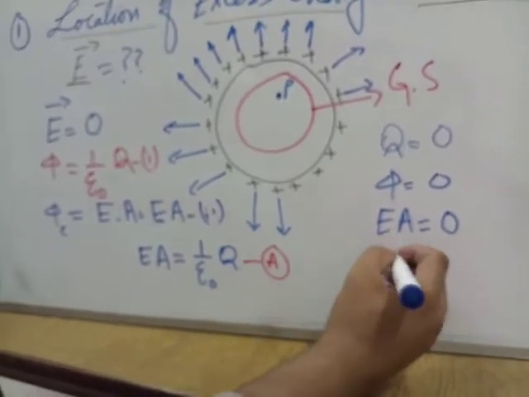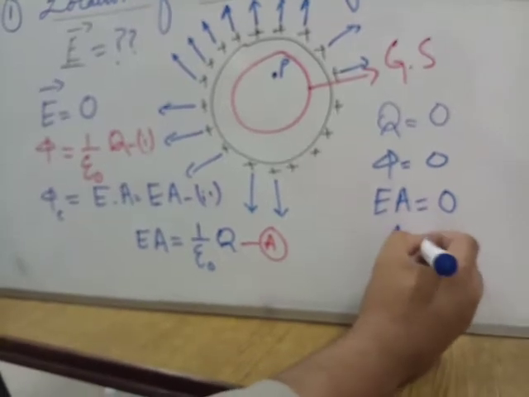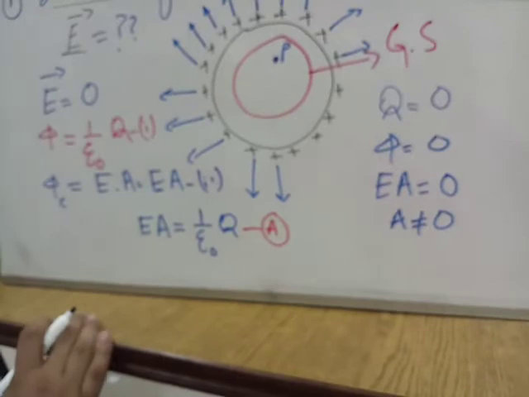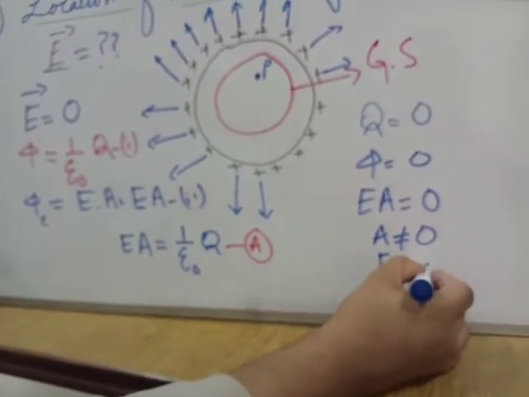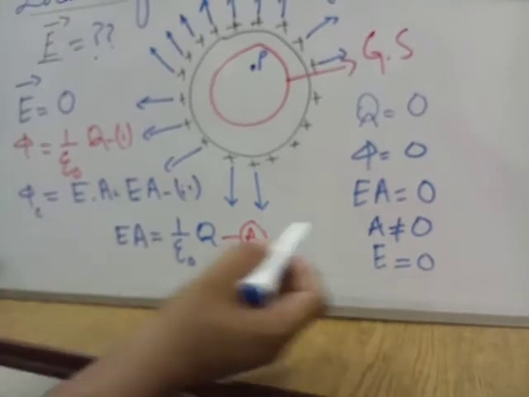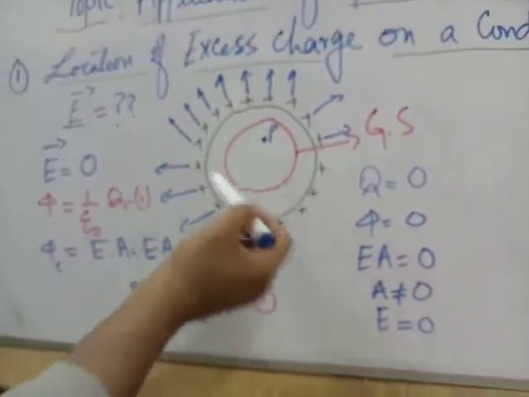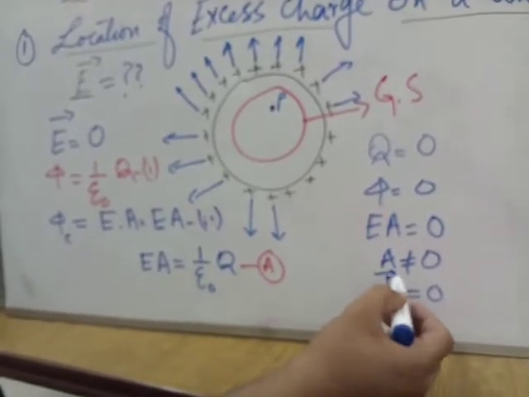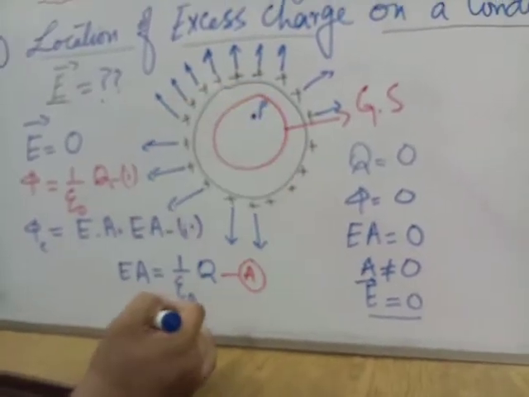We cannot say that A, the area, is equal to 0, because we have some surface area of that sphere. So it means the flux is not passing through that Gaussian surface.